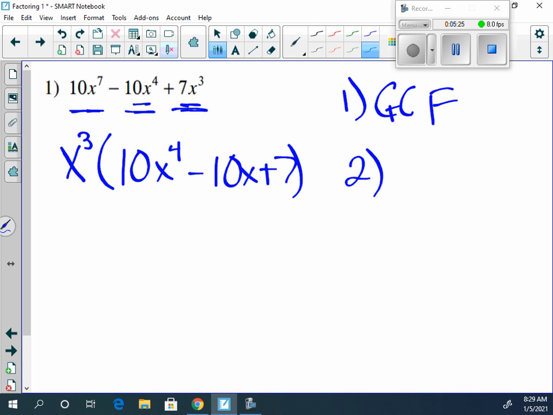This is all we can do. Because if we were going to try to multiply these out, it wouldn't work out. This here is as far as it's going to factor for this one here. So for this problem and some of the ones on the homework assignment, it's just going to work out that some of them, one or two, just have a greatest common factor that we'd pull out.